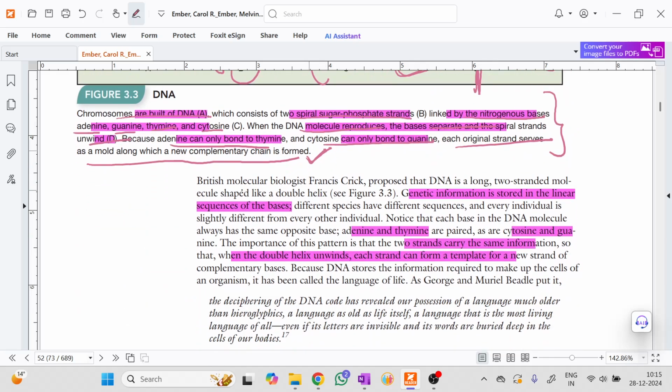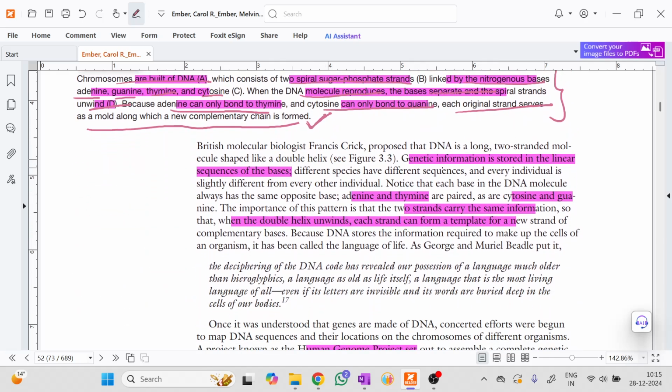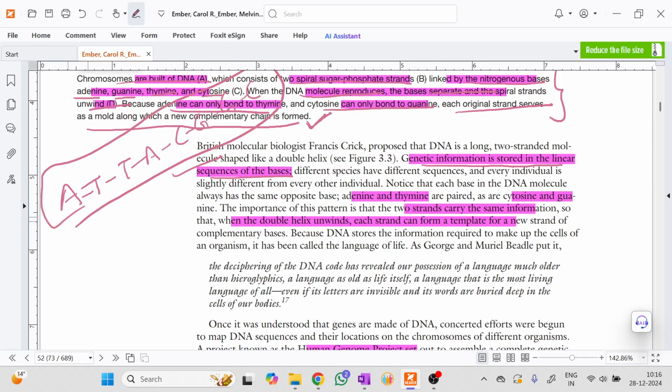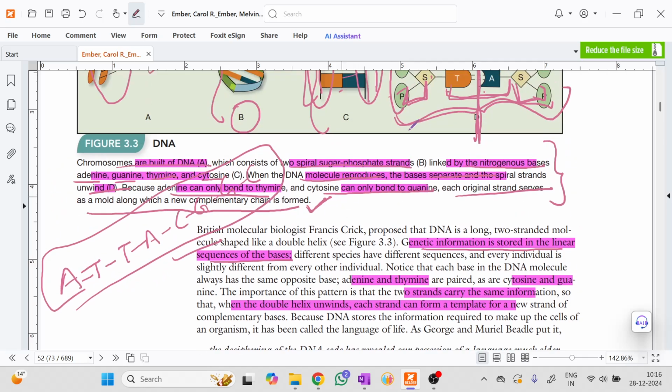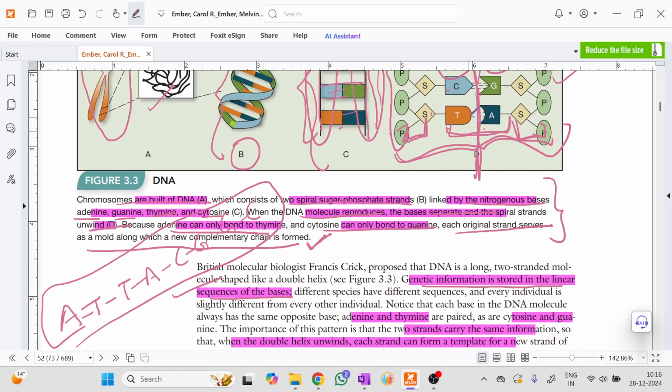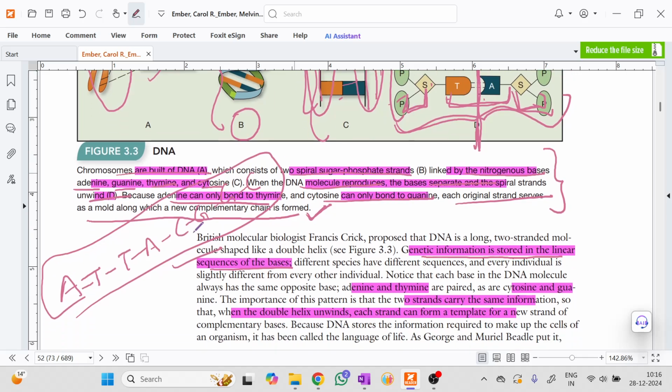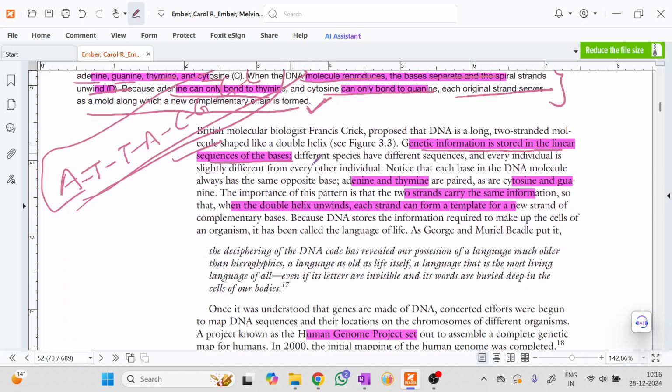Genetic information is stored in the linear sequence of the bases, which is this A, T, T, A, C, G, G, C. This is the linear sequence of these pedestals, these bases, which if we straighten up forms a linear chain. And on these bases, genetic information is stored.